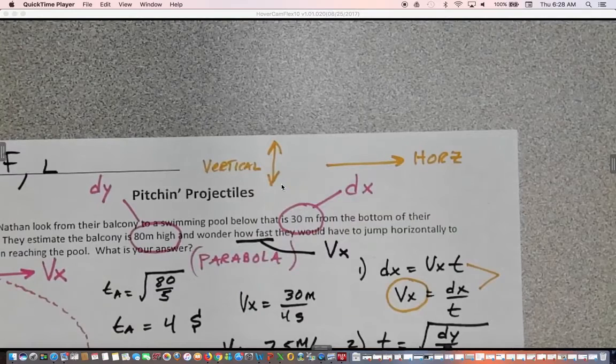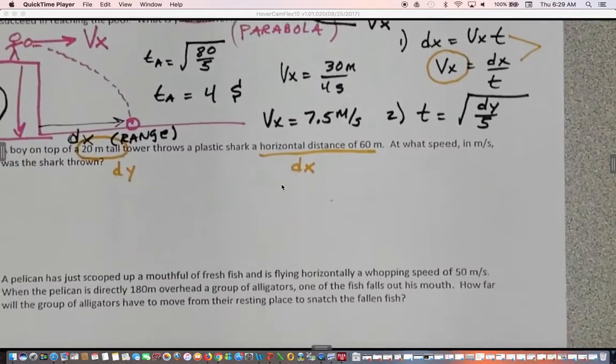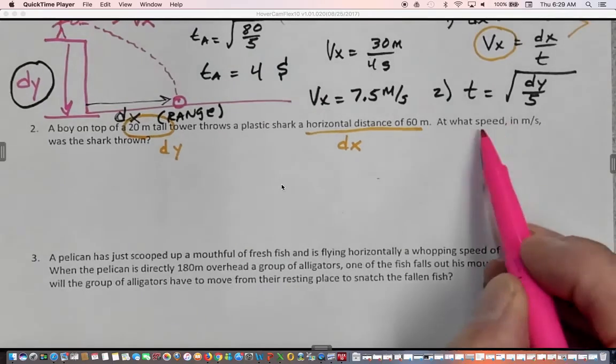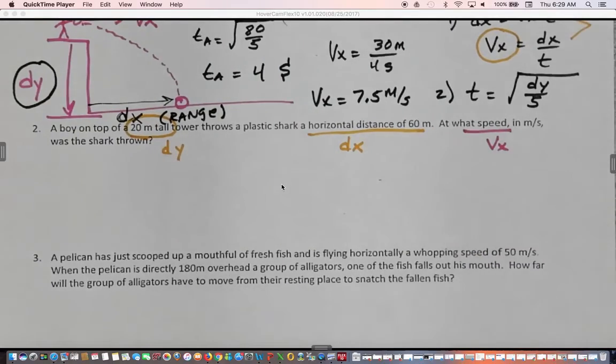I'll pause for a second. So, going back to the problem, I've identified those two things. And again, they want speed, so obviously they want Vx.